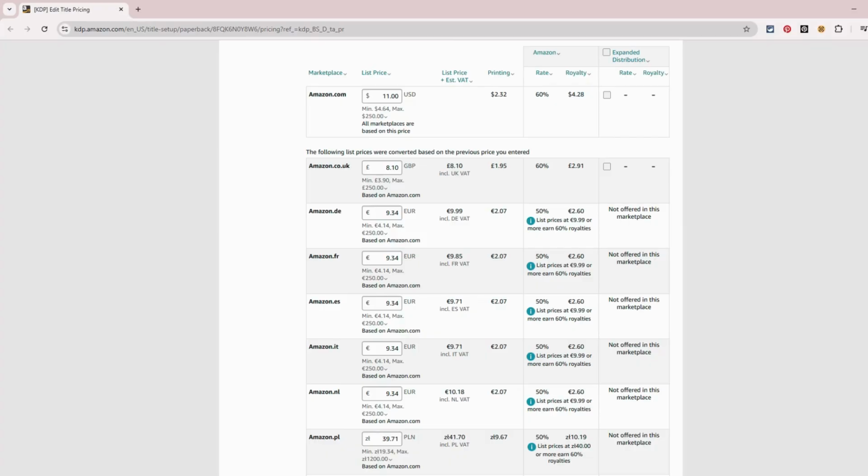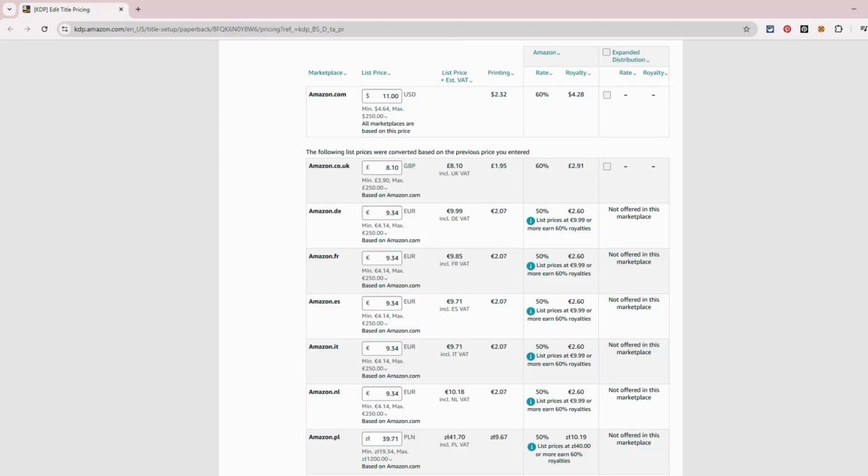Third, value perception. A higher price can sometimes make your book feel more premium, especially for activity books, planners, or niche word search books. Lastly, pricing psychology.